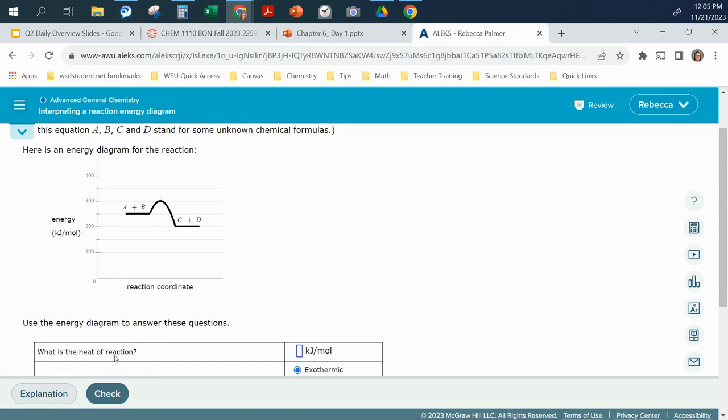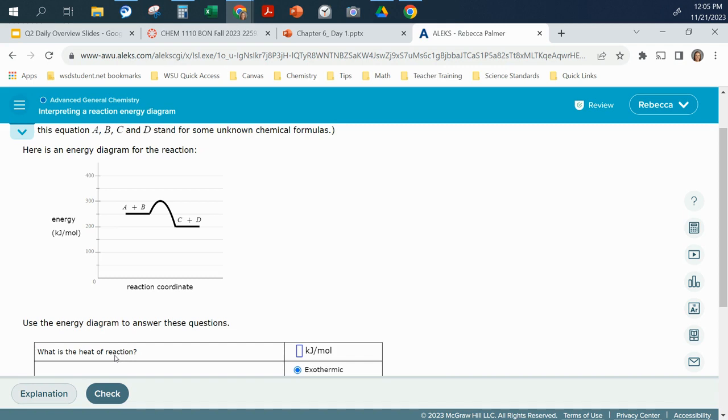All right, heat of reaction is always our products minus our reactants. That's the difference, okay?